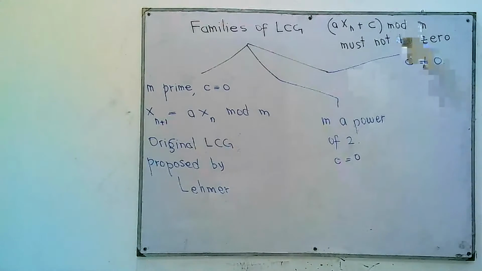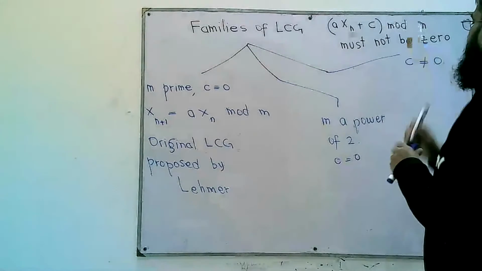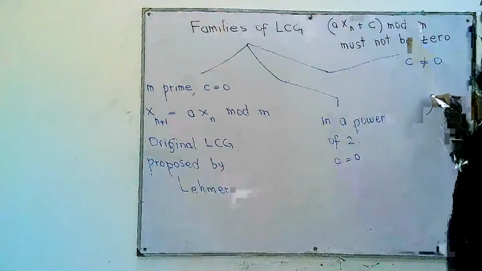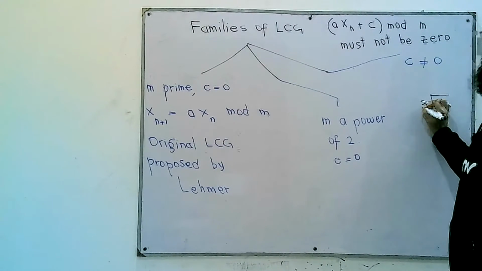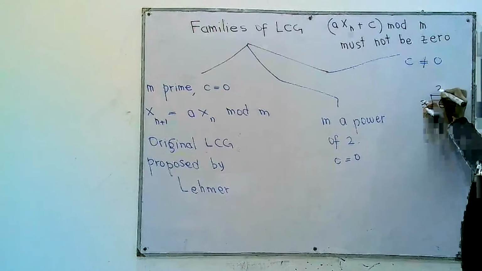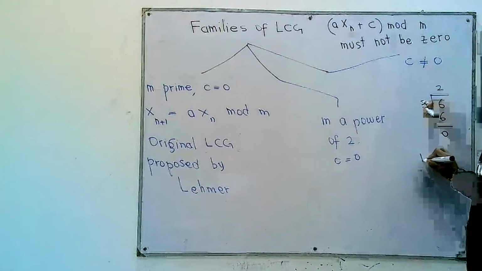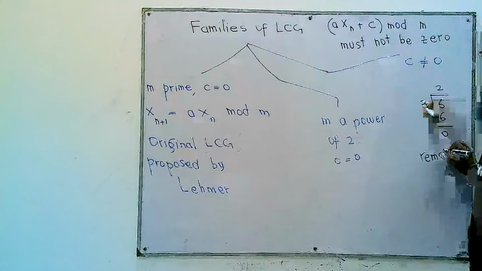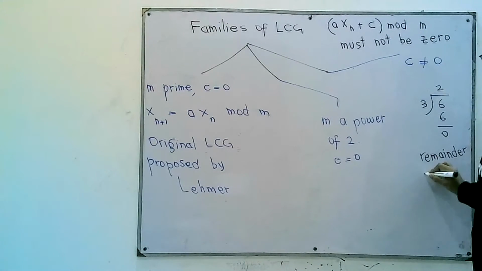This means if they are not relatively prime, for example, a x_n plus c gives you 6 and m is 3, a prime number. So 3 2s are 6 and your remainder is 0. So this is wrong. Remainder is 0.